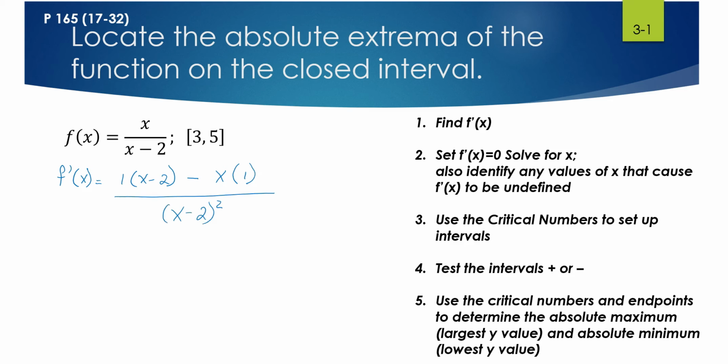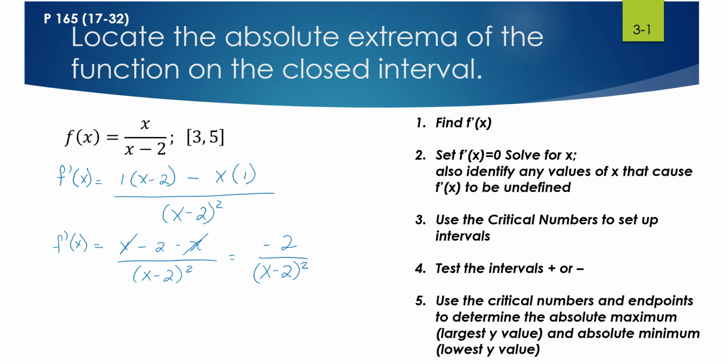So simplifying, I get on top x minus 2 minus x, which the x's will cancel, and it's over x minus 2 quantity squared. So I get negative 2 over x minus 2 squared.